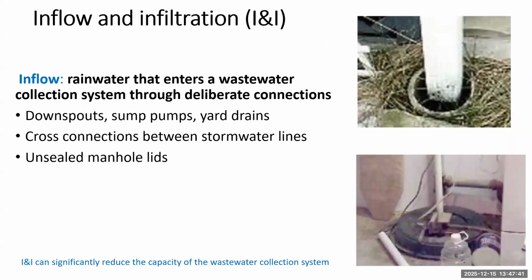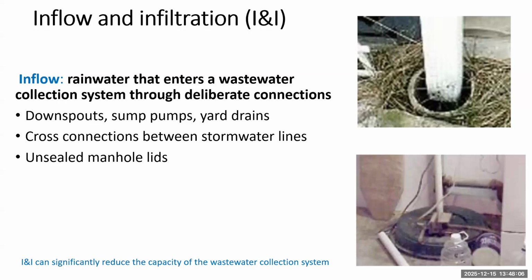Now, inflow is the water that comes into the system through rainwater, usually through deliberate connections. At the upper right of your screen, there's a rain gutter downspout that's going into the collection system, and of course yard drains that are connected to the sanitary sewer.